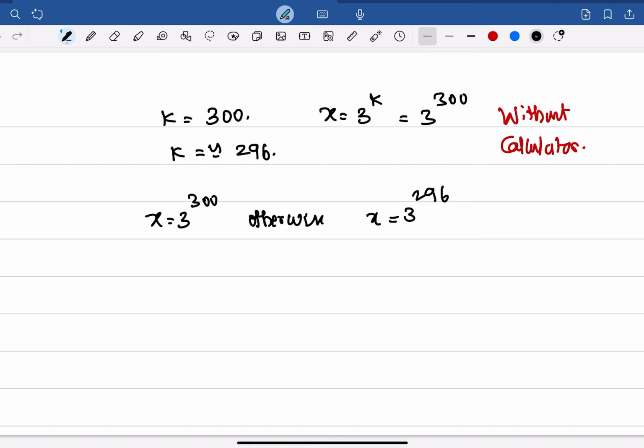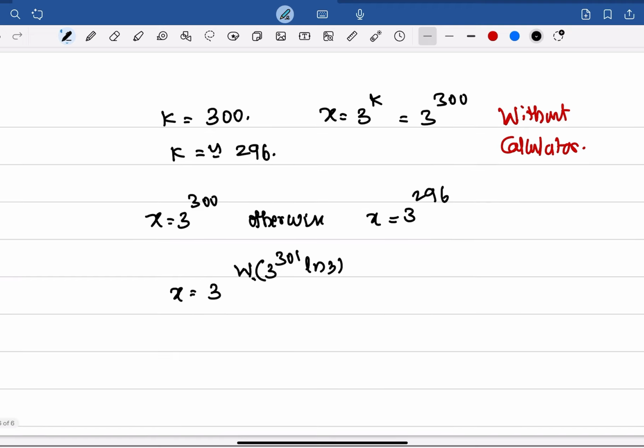If it is in your syllabus, you go for this. x is equal to W of 3 to the power of 301 ln 3, whole divided by ln 3. This is the exact solution from Lambert's theorem.